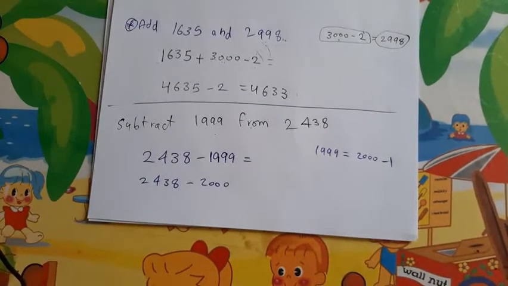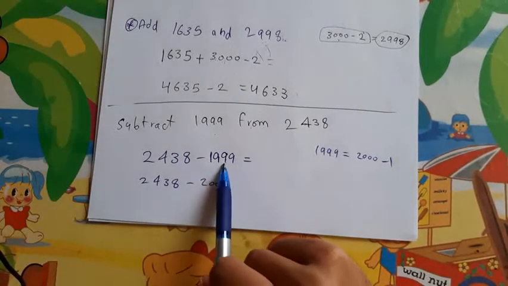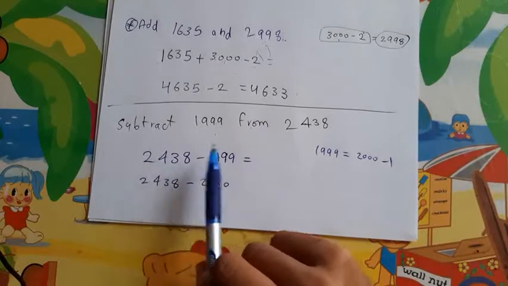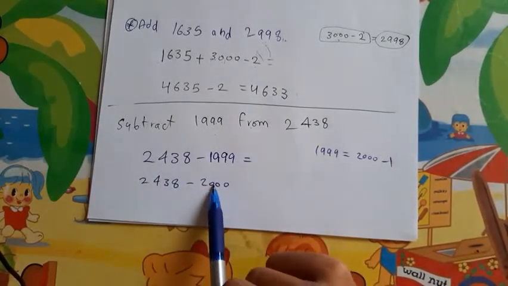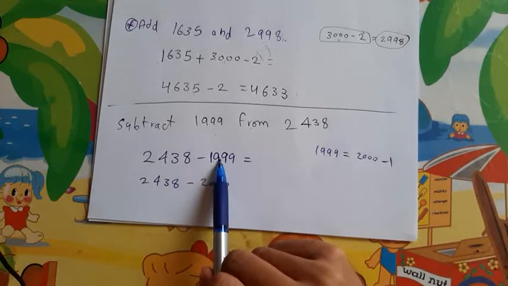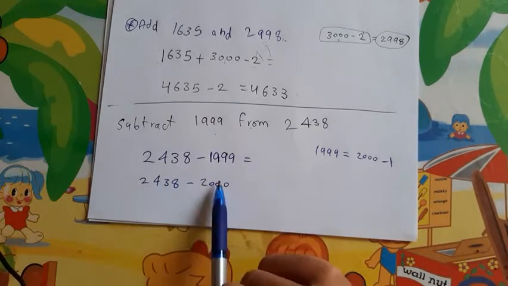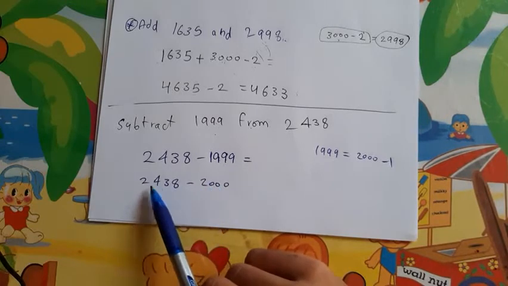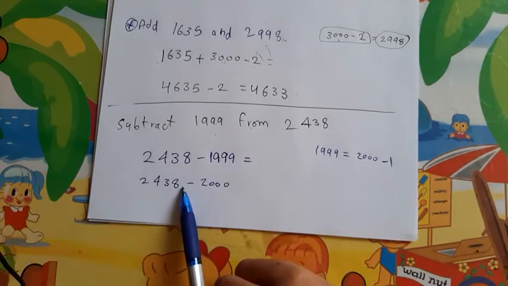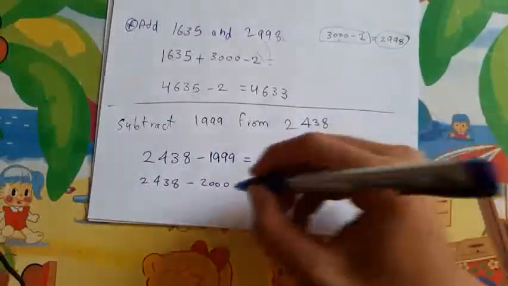But you need to think about something very important. Now when I subtracted this number from this, okay, it's going to be a number here, right? But when I added 1 to this number, then I subtract this number from this number, 2000 from the 2438, I need to add the 1.